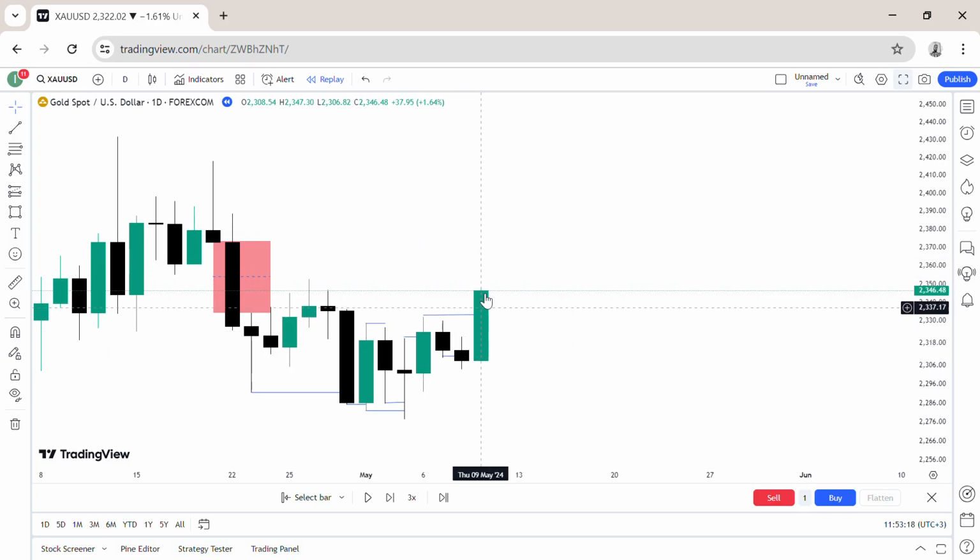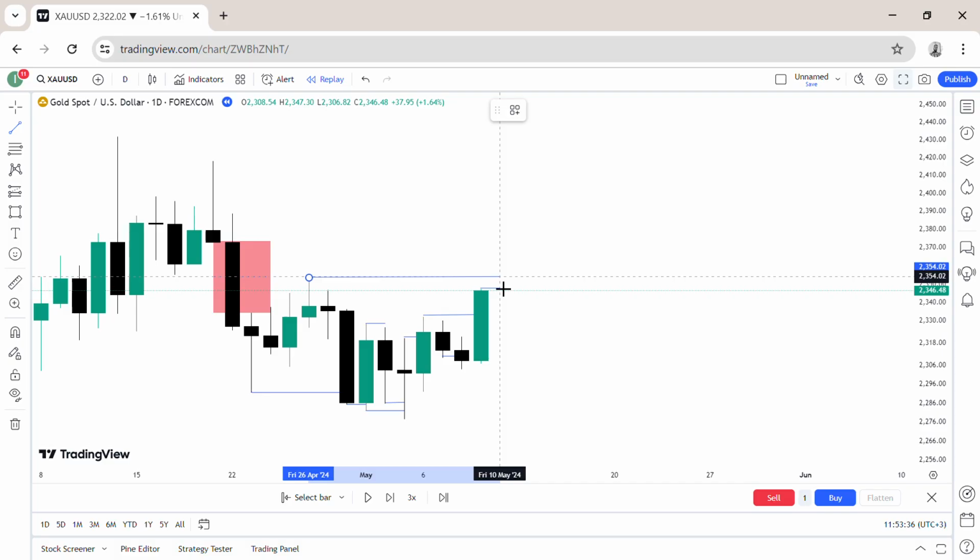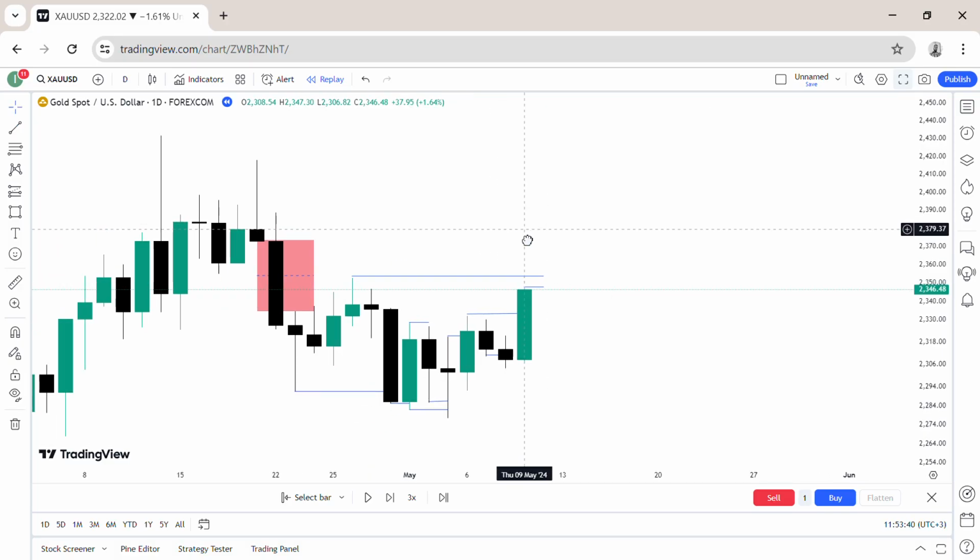It's a massive bullish candle. So I'm expecting the next day to close above this high. So I'll be bullish again the next day. And to add my confluence, this is my draw on liquidity. That's another high that I'm expecting the price to reach. So let's see what happens.